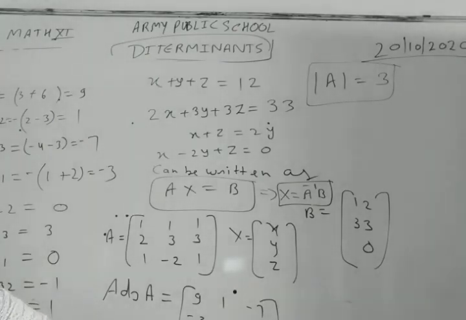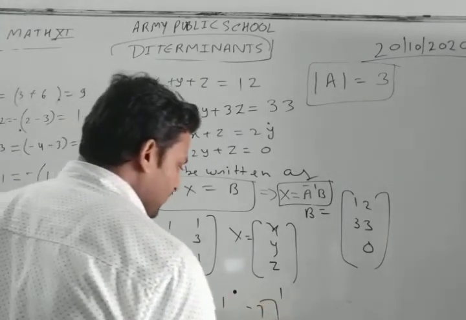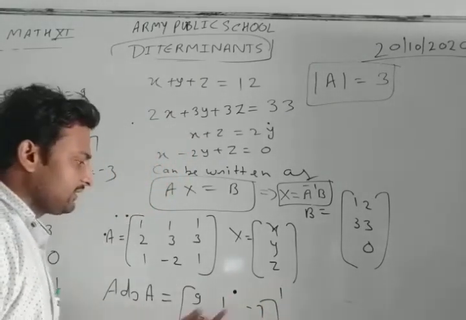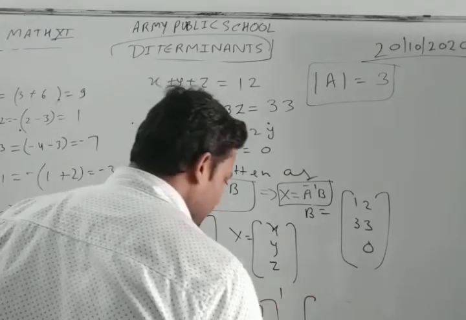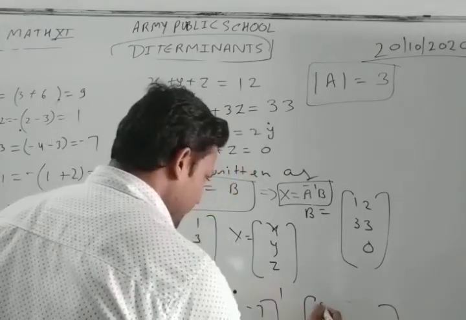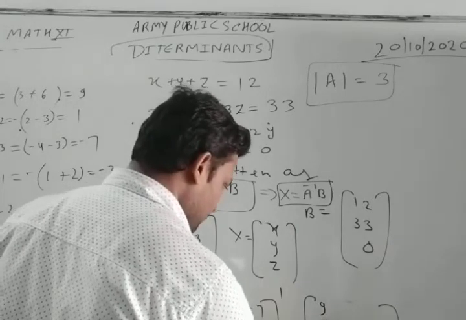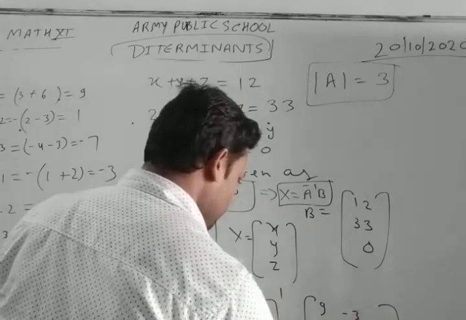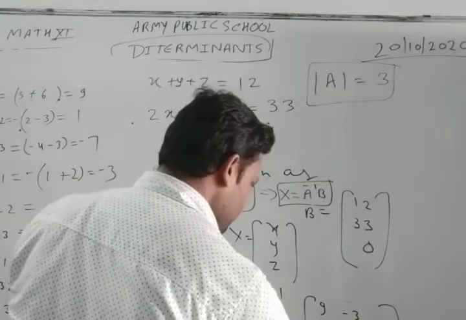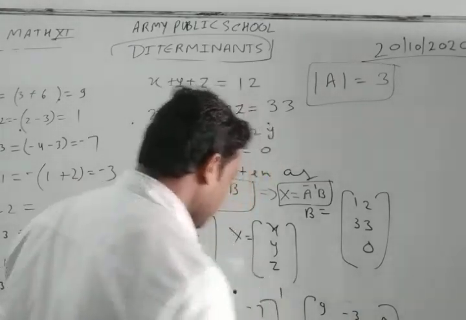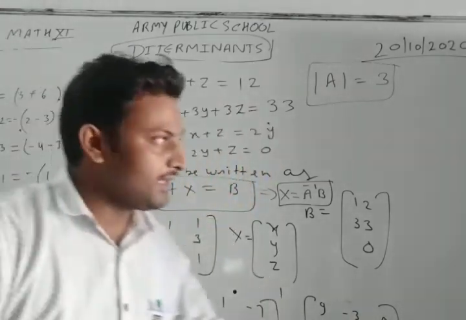The adjoint of A is the transpose of this. So our adjoint is 9, minus 3, 0, 1, 0, minus 1, minus 7, 3, 1. So our adjoint of A is this.